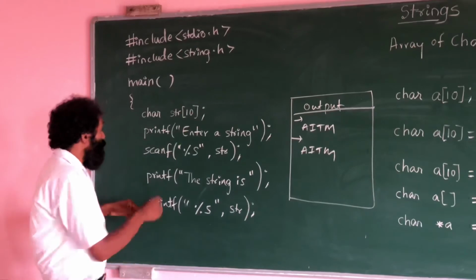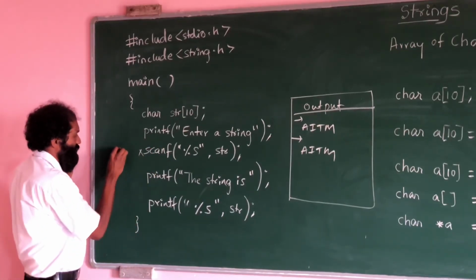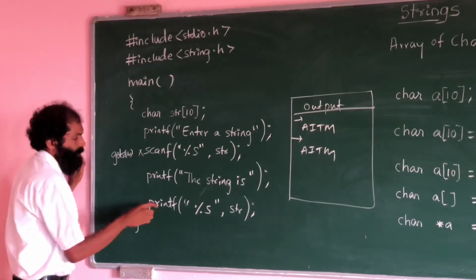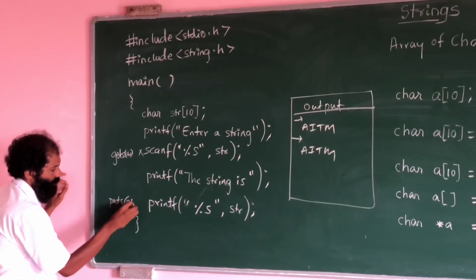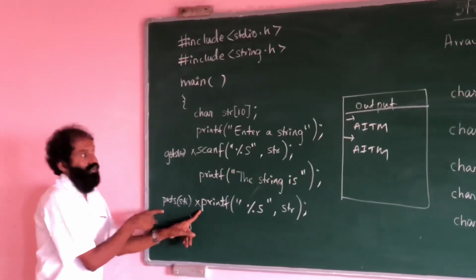Okay. In place of this, if we write gets(str), and in place of this, if we write puts, what happens?